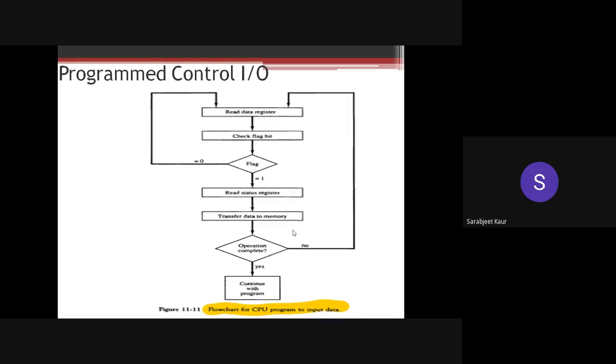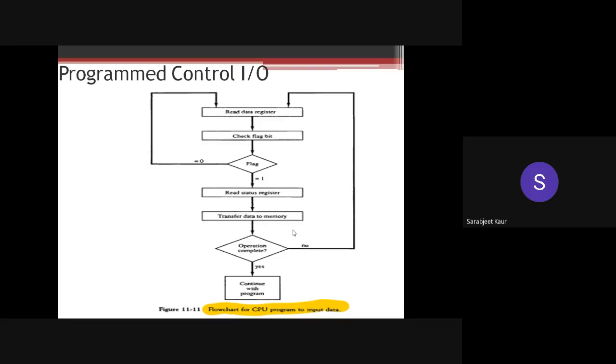So, what happens in program controlled IO is that the input output, which is requested by a user or by an IO device in turn, is completely and at all times directly monitored by the CPU. That is why it is known as program controlled IO, in the sense that there is a program being executed inside the processor.